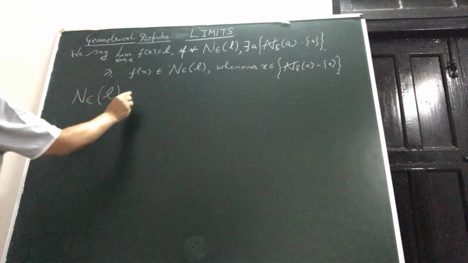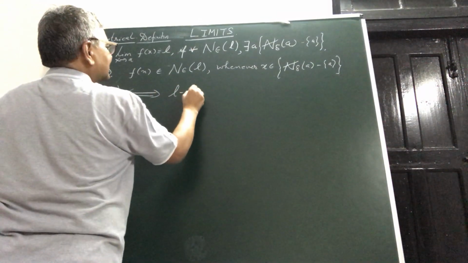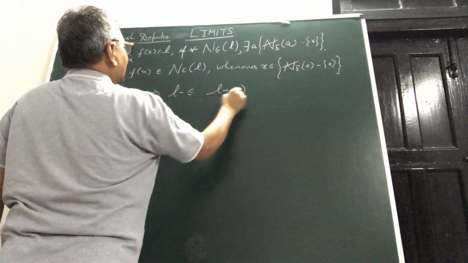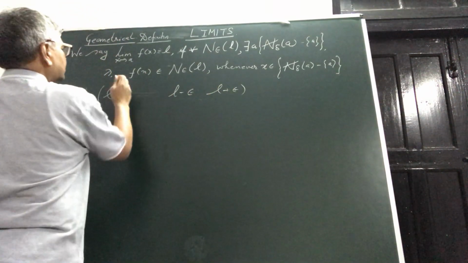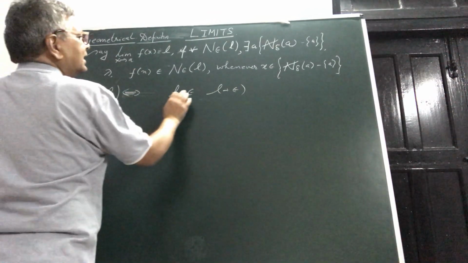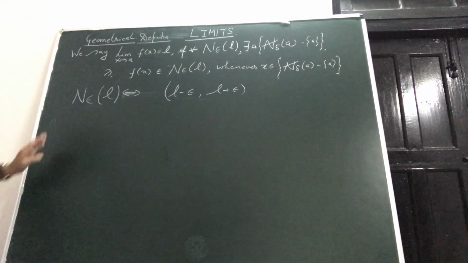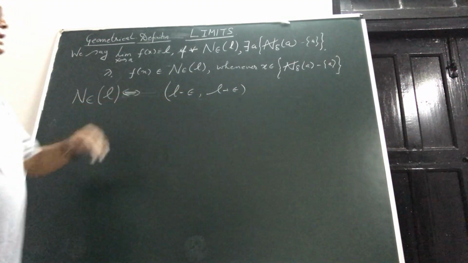So N epsilon L will be nothing but your open interval L minus epsilon, L plus epsilon. This implies N epsilon L is this open interval, and this is fine.